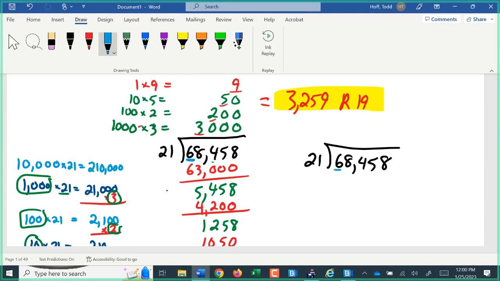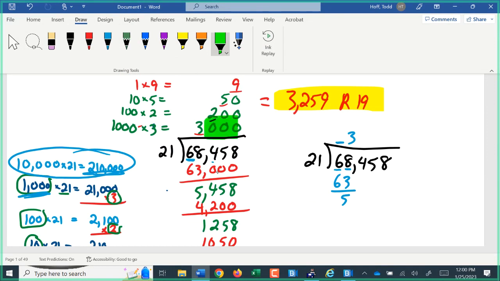Does 21 go into 6? No, it doesn't. So we leave that blank and we move to the next digit. That's exactly what we did here. That was too big, so we moved to the next place value. 21 goes into 68? Yeah, 3 times. 3 times 21 is 63, and we subtract. That's exactly what we did here. We just left off all the zeros.